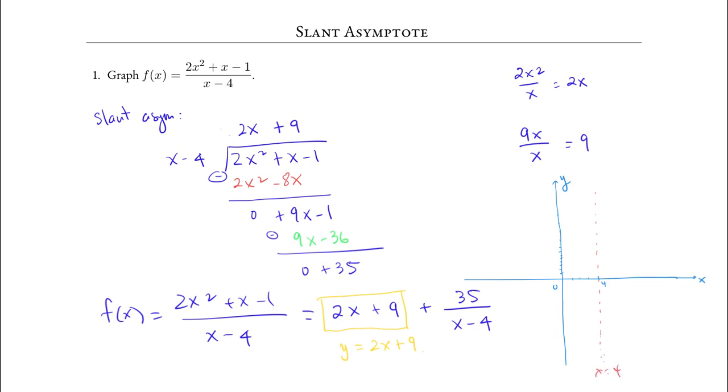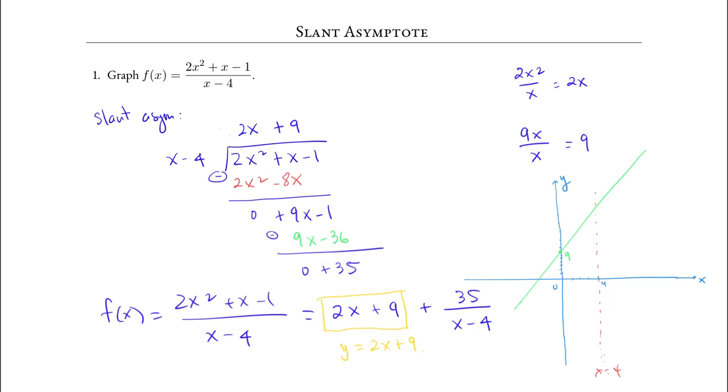The slant asymptote is 2x plus 9, and so when x equals 0, y equals 9, not drawn to scale here. And when y equals 0, x is negative 9 over 2, or negative 4.5. And so we obtain a straight line that goes through y equals 9 and x equals negative 4.5.